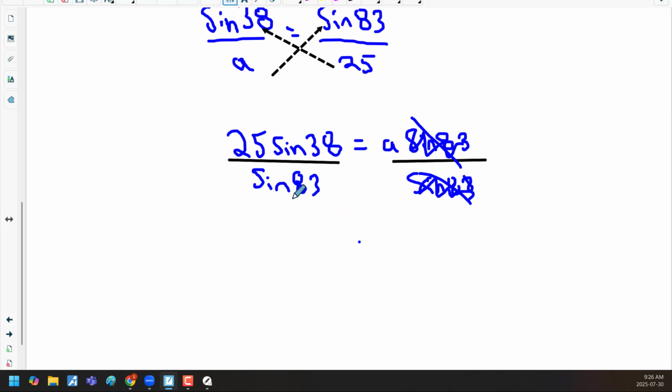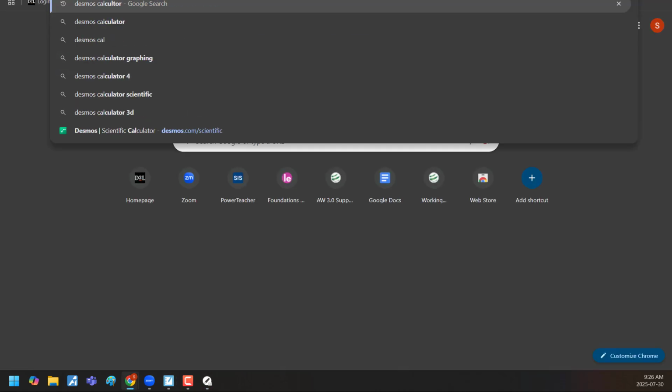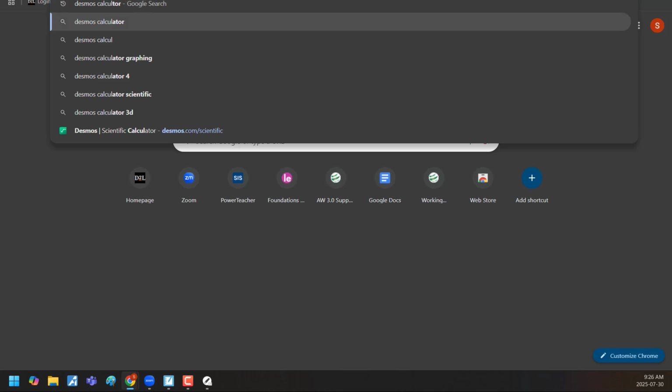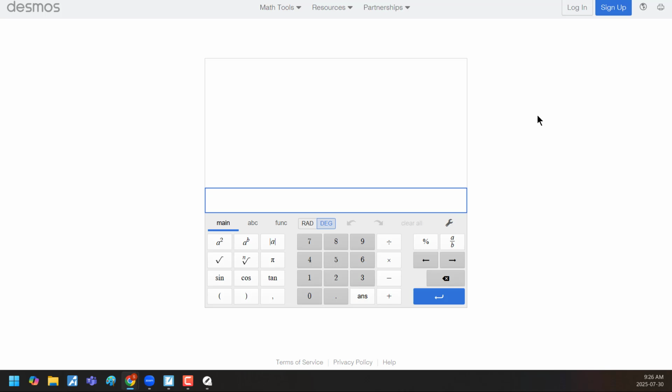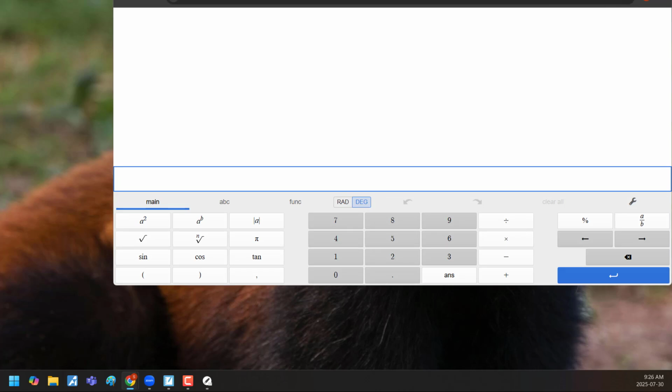Now, I wouldn't recommend doing this in 1 step. I highly recommend doing this in 2 steps. Because a lot of students make a mistake in the calculator trying to punch it in 1 step, and they just can't do it. So I'll show you using the calculator here. Oh, wait.